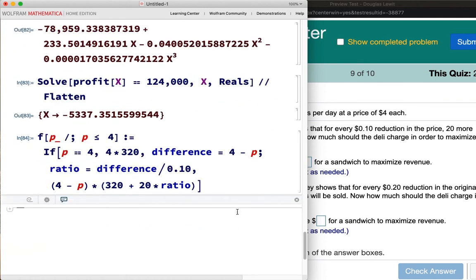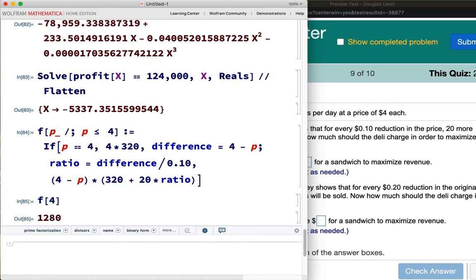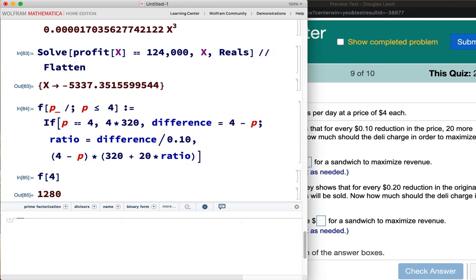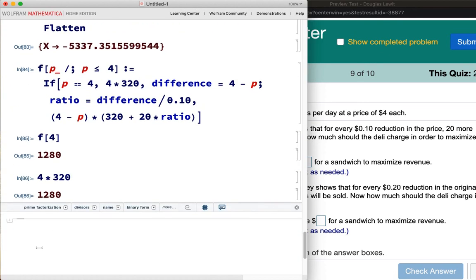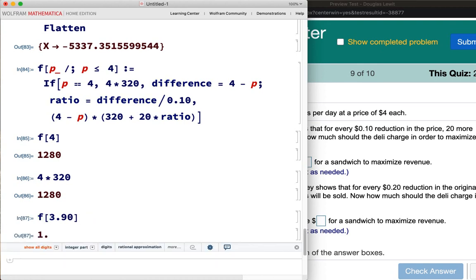So let's see if this actually works. So 4 times 320 is 1,280. What happens if I charge $3.90? Hold on. Oops.